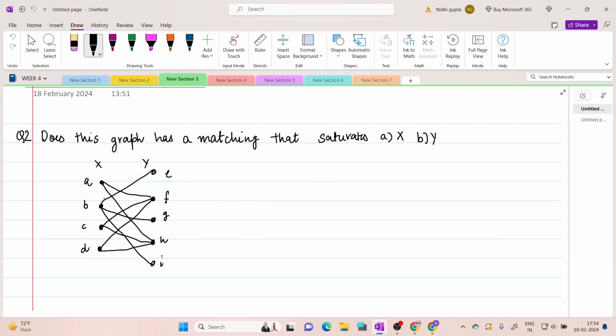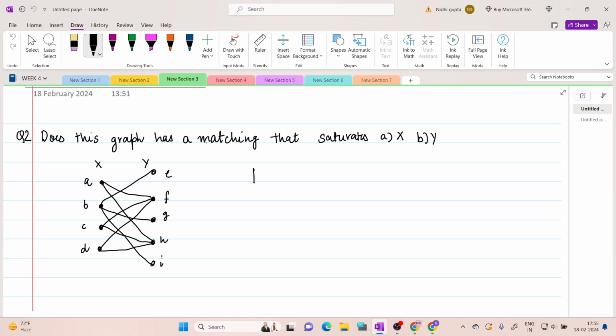So now this is a bipartite graph, and we have a nice necessary and sufficient condition to say if it has a matching that saturates some bipartition or not. Can you tell me if this given graph has a perfect matching, a matching that saturates X, or not?